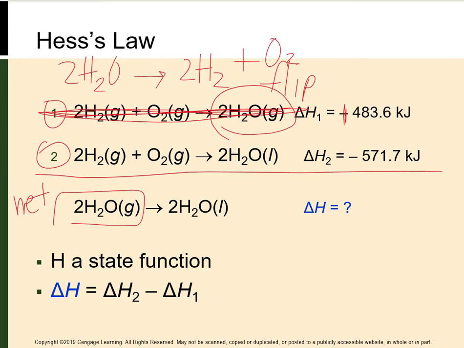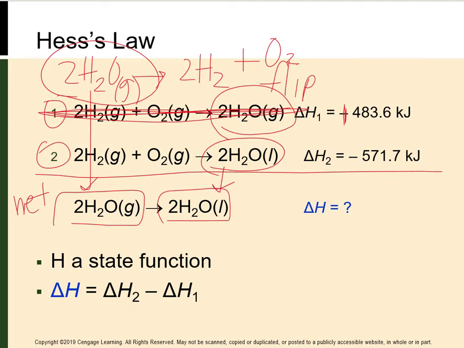Then I'm going to go, okay, where's my H2O liquid? It's on the right of the arrow in our elementary equation number 2. So let's see if we can cancel out everything to just have our 2H2O gas, which right now it's on the left. Good. My H2O liquid on the right. Good.